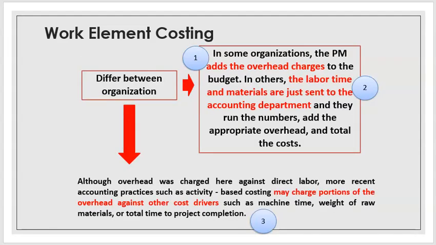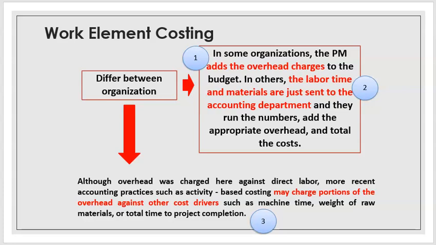Work element costing differs between organizations. In some organizations, the project manager adds the overhead charges to the budget. In others, the labor, time and material are just sent to the accounting department and they run the numbers, add the appropriate overhead and total the cost.